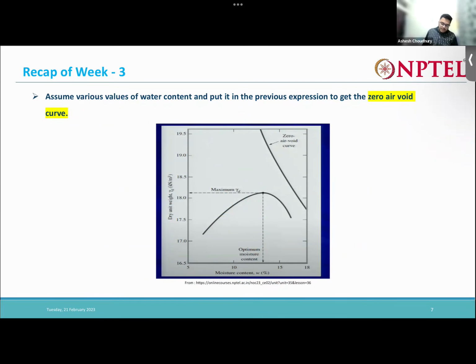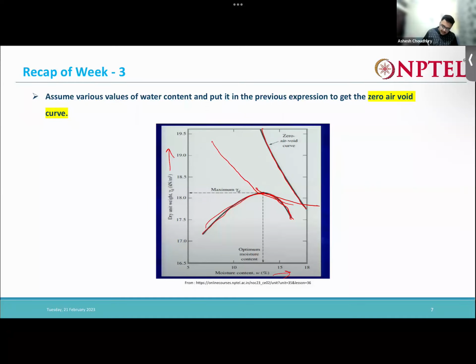If we look into this curve, this is a bell curve. This side is the moisture content, this side is my dry unit weight, and this is my zero air void line. This zero air void line will never touch my bell curve, because practically it is impossible to achieve that dry density.